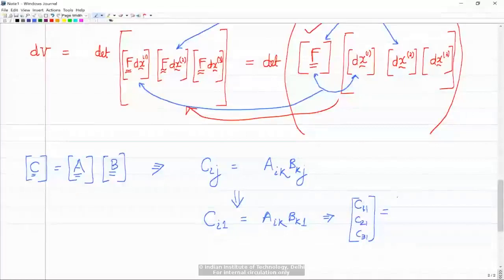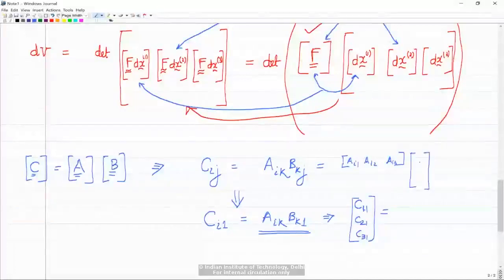So what do you get then on the right hand side? Well, before that, also see that this Aik into Bkj is like you take the ith row of A, so that's Ai1, Ai2, Ai3, and multiply with the jth column of B: B1j, B2j, B3j.